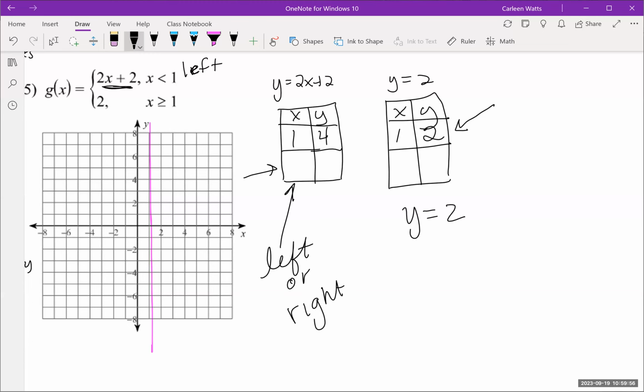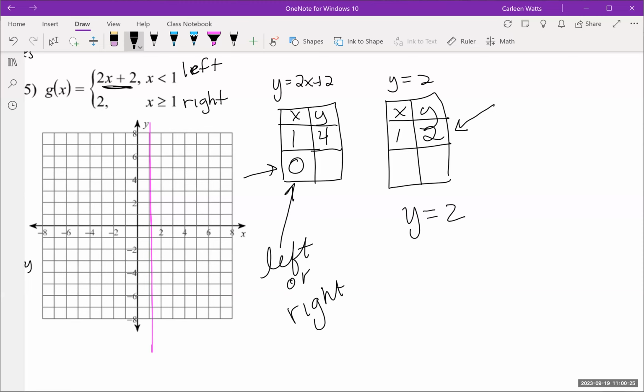And this one is right. Okay. So to the left of 1, I'm going to pick 0. Although it's going to be really small.